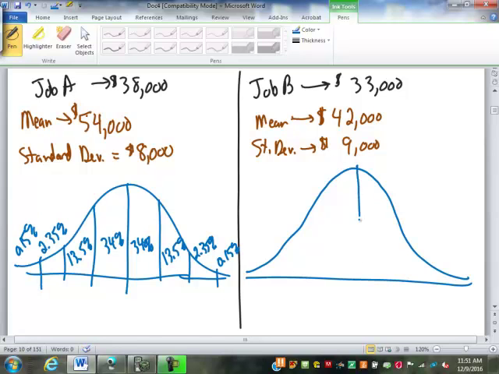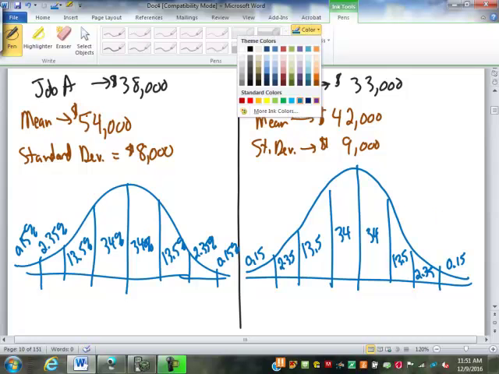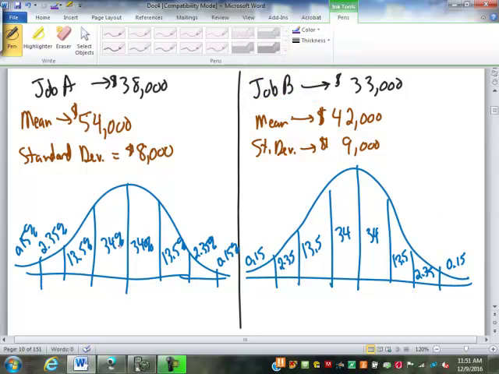That'll be the same over here. I'm going to leave the percents off and just do the numbers. What's going to change, of course, are the numbers down below.